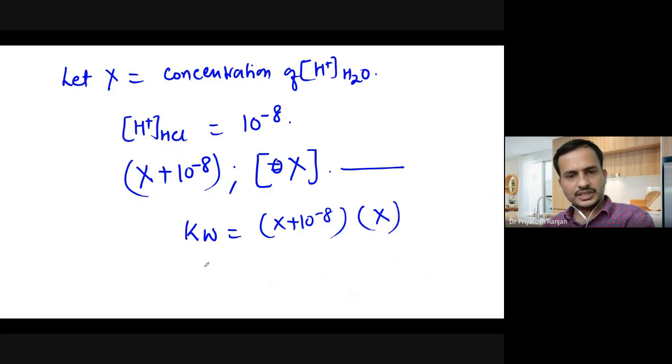What I need to do, I just need to put this value: 10 raised to the power minus 14 equals X square plus 10 raised to the power minus 8 X.